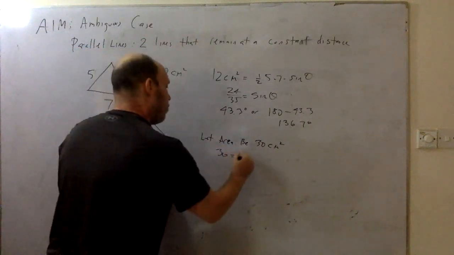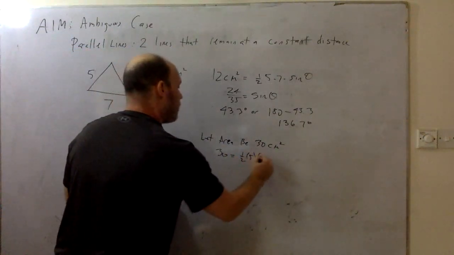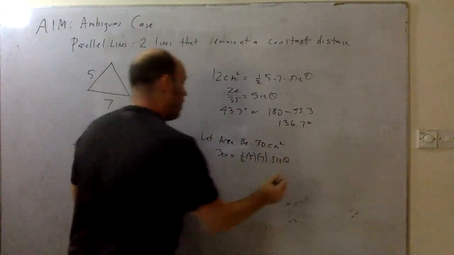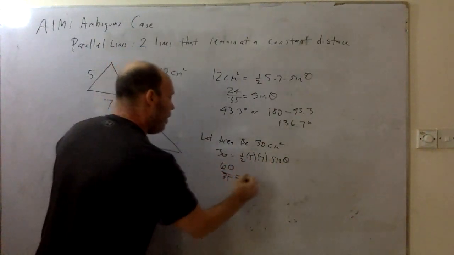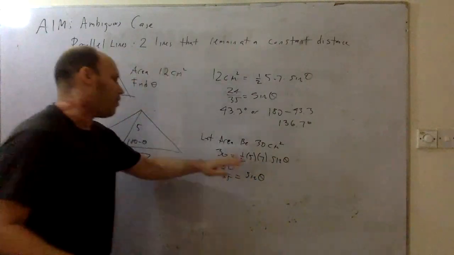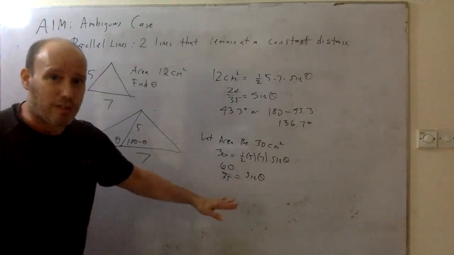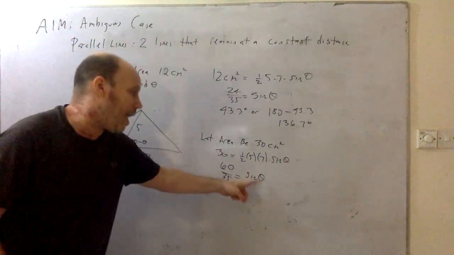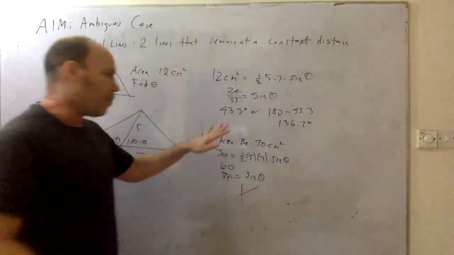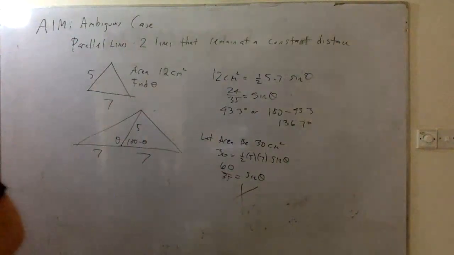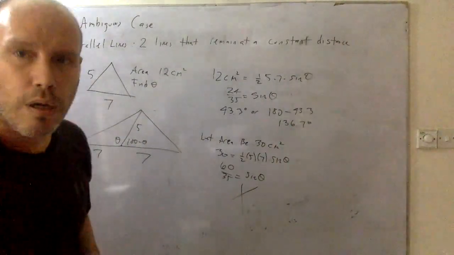You say 30 equals 1/2 times 5 times 7 times the sine of theta. You end up with 60 over 35 equals sine of theta. Immediately you stop working on this. Does this have a solution? No, because sine cannot be greater than 1. So that's good. Now let's look at the law of sines problems.